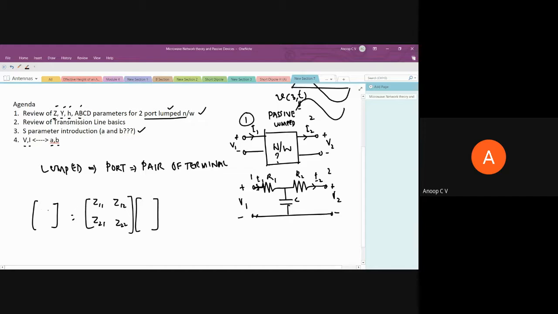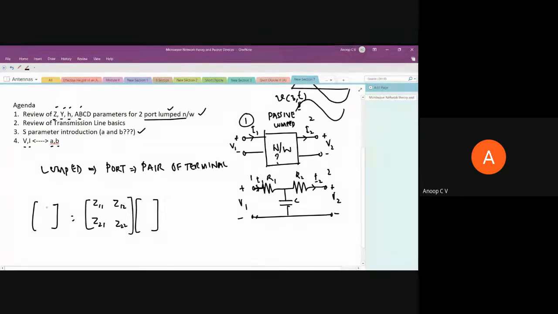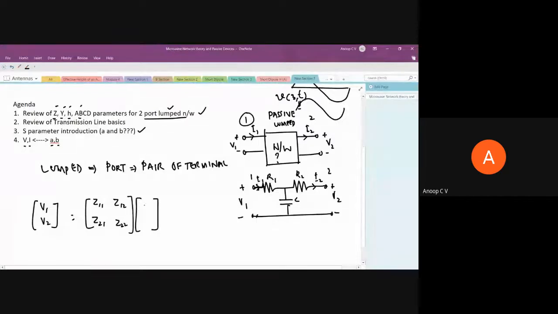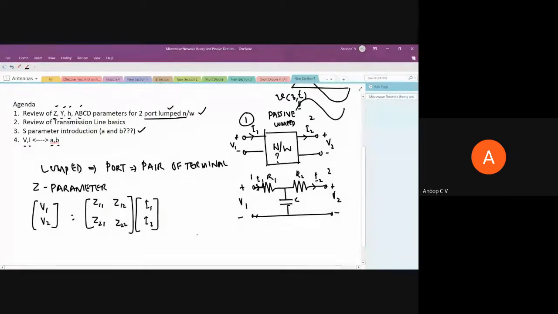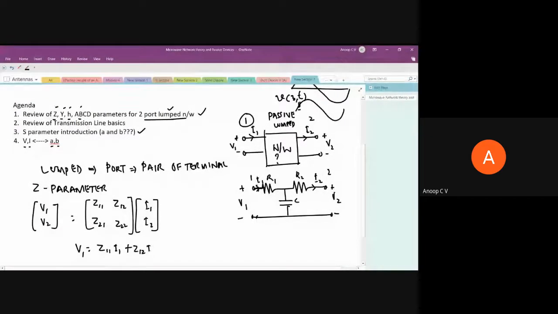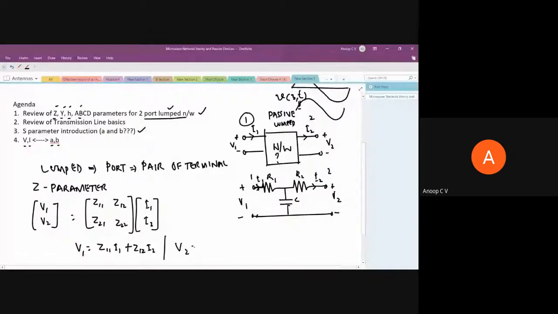V1 and V2 are represented in terms of I1 and I2. You have already studied this. So V1 is equal to Z11 I1 plus Z12 I2, and V2 is equal to Z21 I1 plus Z22 I2.